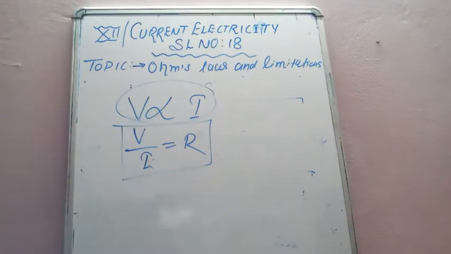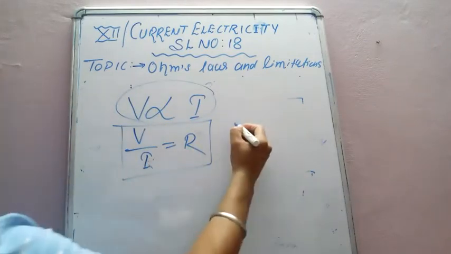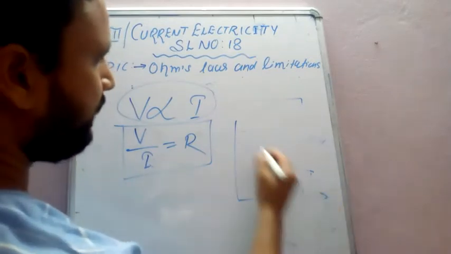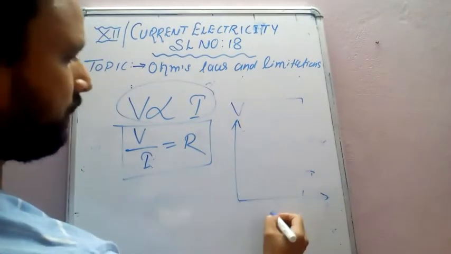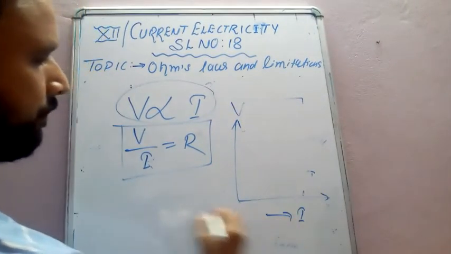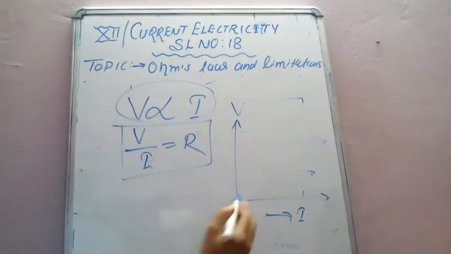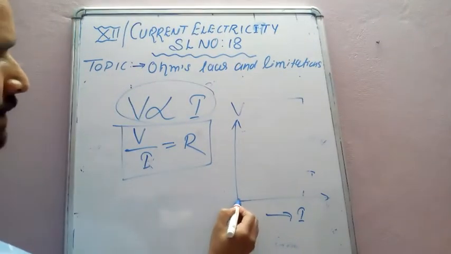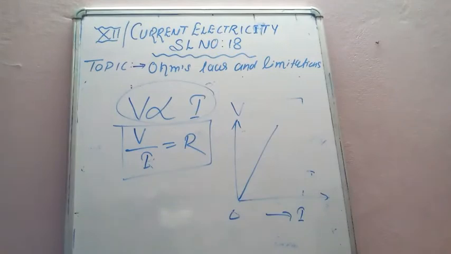Very simple, it is a linear graph. If this is V and this is I, then the graph must be a straight line, of course, because it is a directly proportional relationship.